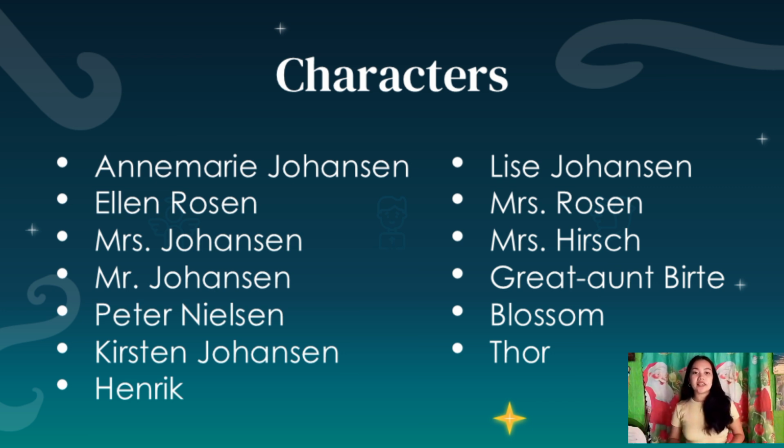Kirsten Johansen, Anne's younger sister, a feisty, chatty girl. Henrik is Mrs. Johansen's younger brother, who is also a fisherman. Mr. Johansen, the father, a pillar of strength and also patriotic. Liz Johansen, the eldest Johansen daughter, who is already dead.